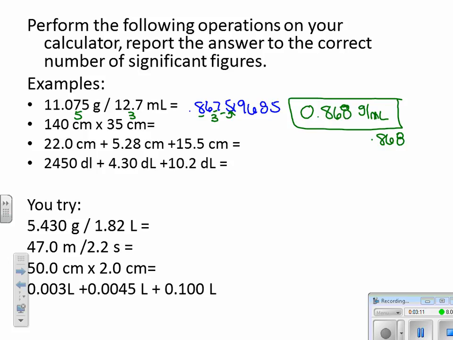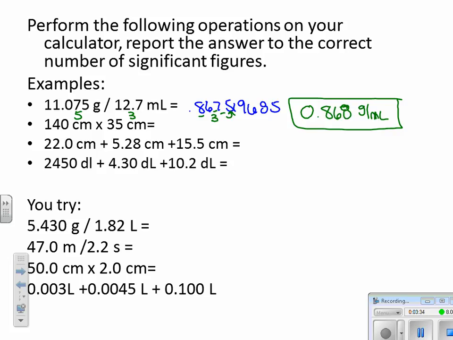But if you had your significant digits wrong as well, maybe you reported 0.86, now you've lost a half a point for your unit, and a half a point for your significant digit, so you lost the entire point for your answer. I will always deduct half points for incorrect significant figures and incorrect units.